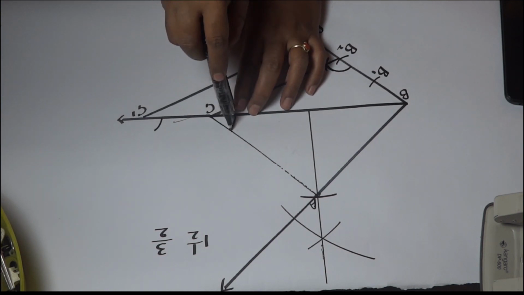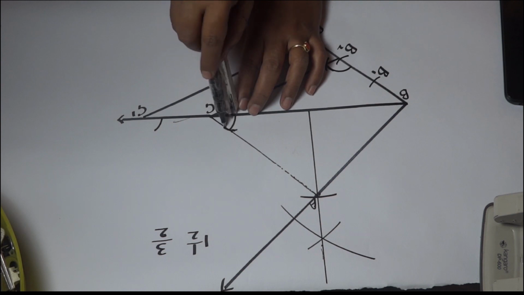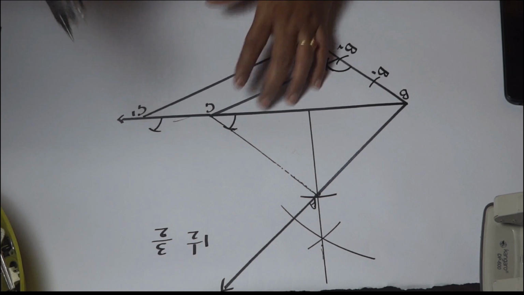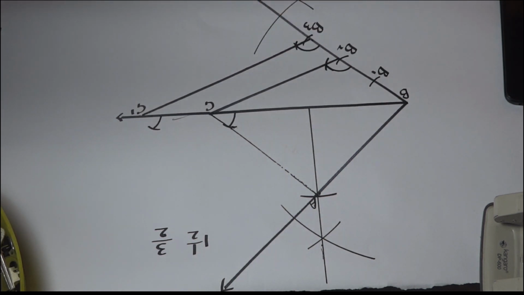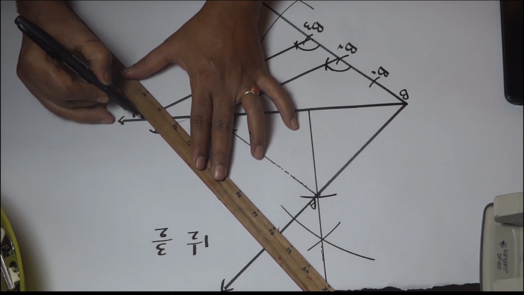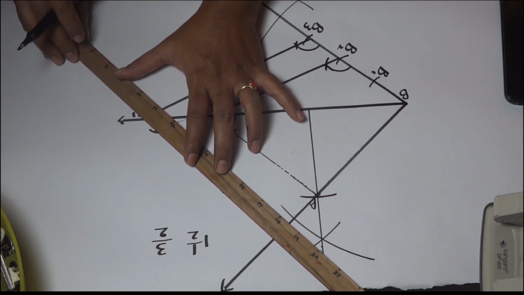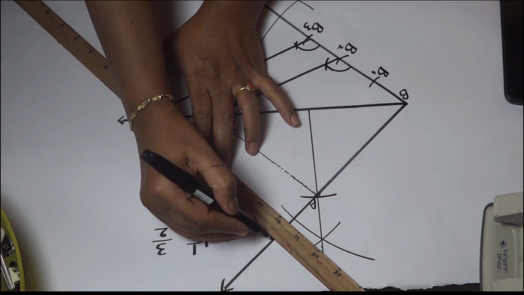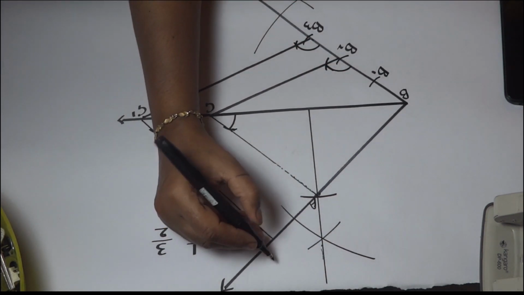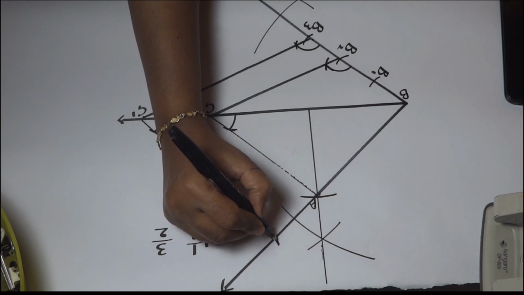Now to get the width of the angle, measure its width, make a mark there. Copy the same mark here at point C dash. Now join the point C dash passing through this point of intersection to extended part of line segment B. You can see here we have got a new triangle here.